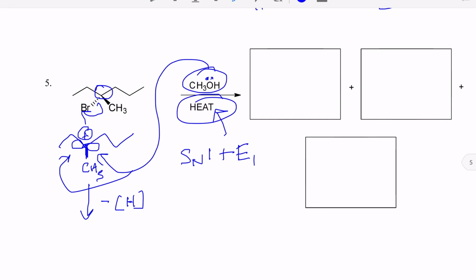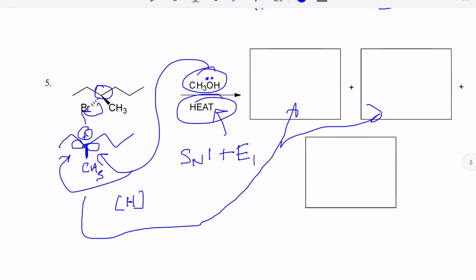And actually, instead of drawing it here, I'll just draw it out. So the first product involves, and we have methanol, or methoxide, I apologize, methoxide and the methyl group.